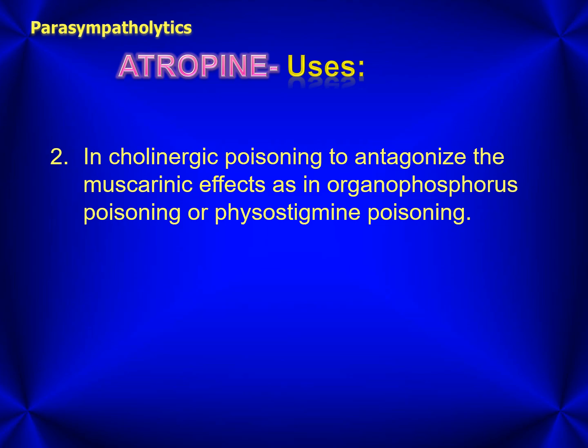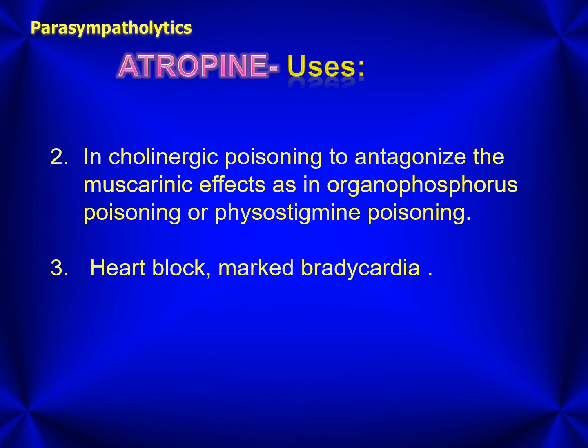It is used in cholinergic poisoning, in parasympathetic poisoning to antagonize muscarinic effects, as in organophosphorus poisoning or physostigmine toxicity. In treatment of severe bradycardia and heart block.